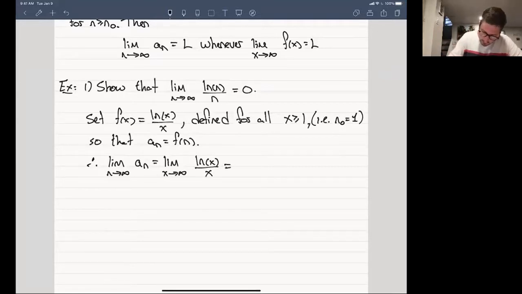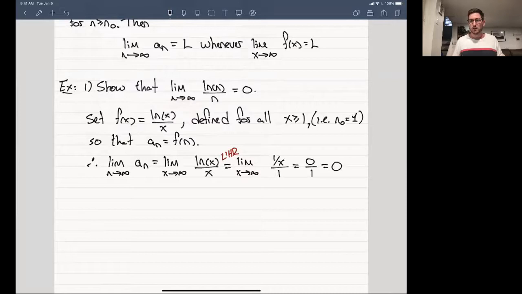You can use L'Hopital's rule. We've seen this before. I like to put a little notation telling people that I used it. That's L'(HR) for L'Hopital's rule. And in this case, I get 1 over x divided by 1, which is 0 over 1, which gives me the desired result.